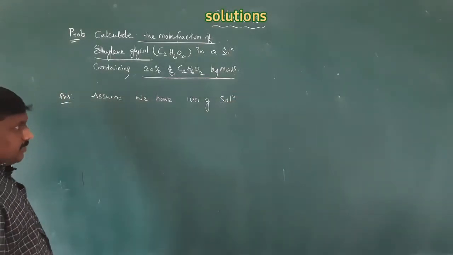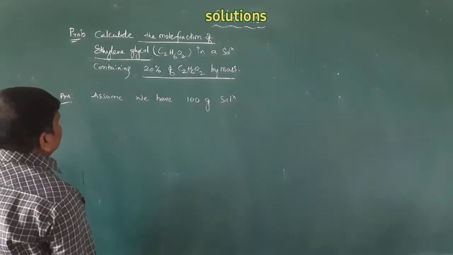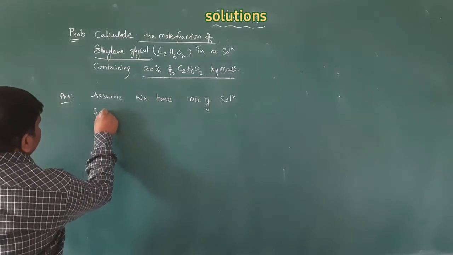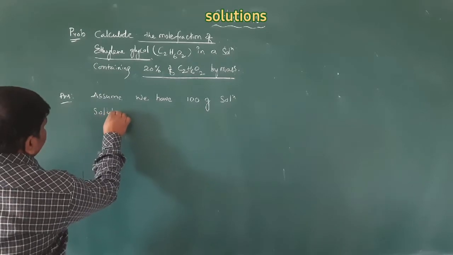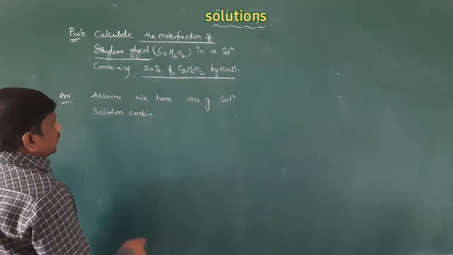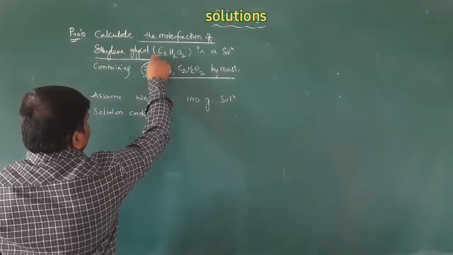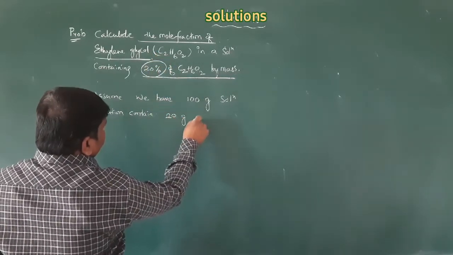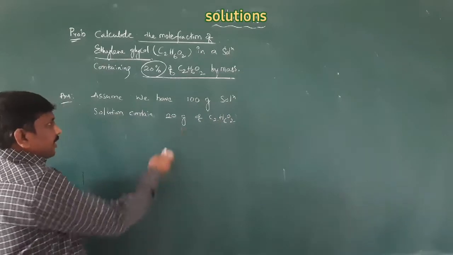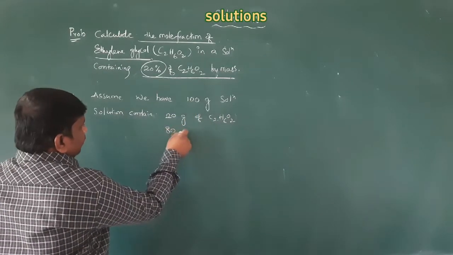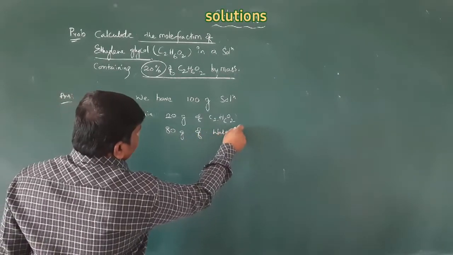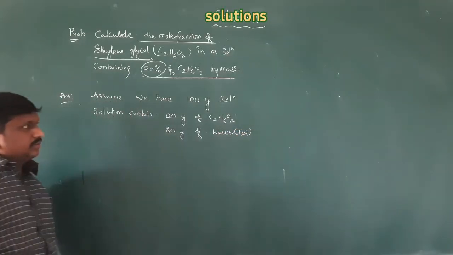We have 100 grams of solution, which contains 20% meaning 20 grams of ethylene glycol, C2H6O2, and the remaining portion, 80 grams of water, symbol H2O, as you already know.